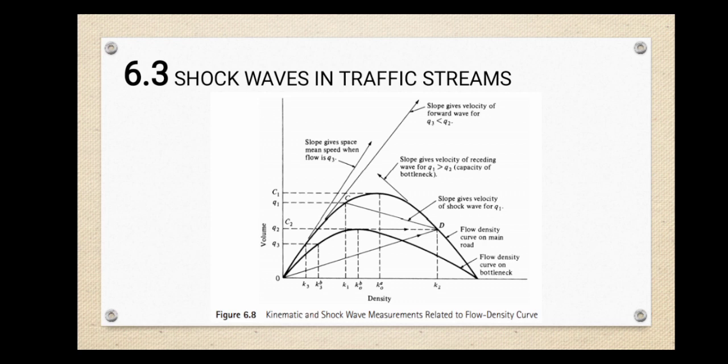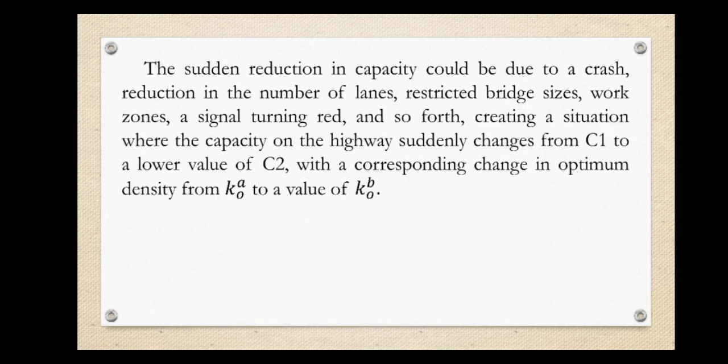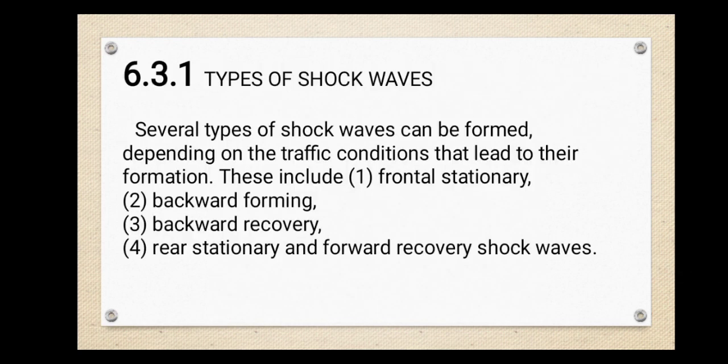So, when such a condition exists and the normal flow and density on the highway are relatively large, the speeds of the vehicles will have to be reduced while passing the bottleneck. The point at which the speed reduction takes place can be approximately noted by the turning on of the brake lights of the vehicles.